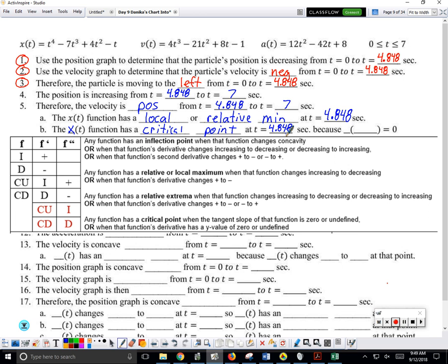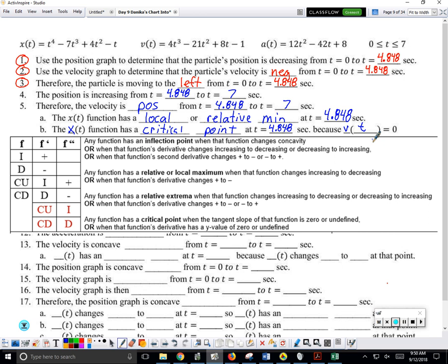If you keep looking at the definition of critical point, it says any function has a critical point when the tangent slope of that function is 0 or undefined, or when that function's derivative has a y value of 0 or undefined. So statement 5b is telling us exactly that. The position function has a critical point at this time because the velocity graph is equal to 0 at that point.